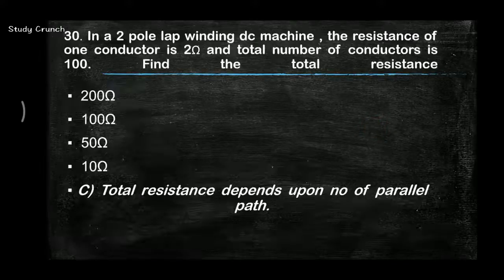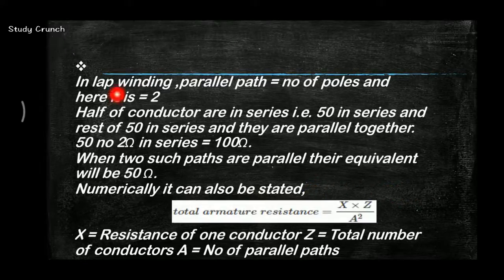Next, in a 2-pole lap winding DC machine, the resistance of one conductor is 2 ohm and the total number of conductors is 100. Find the total resistance. We know that the total resistance depends upon the number of parallel paths, and in lap winding the number of parallel paths is equal to the number of poles, and here it is 2.